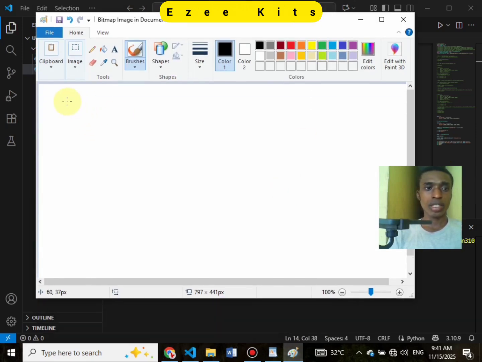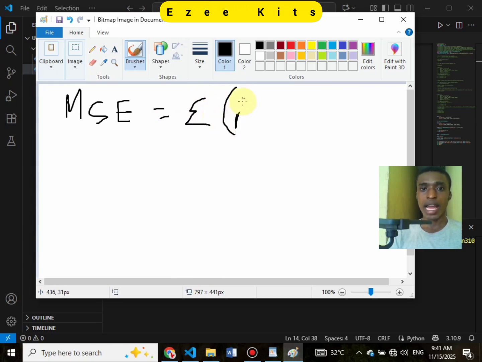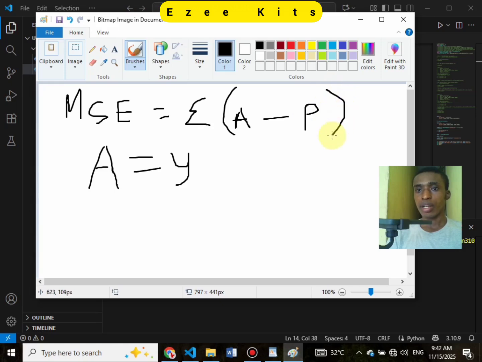Let's start with the mean squared error that we have here. We can name it MSE. The formula, when you look at it, makes use of the summation of the actual, and by actual data I mean our initial y, minus the predicted, and this is squared.